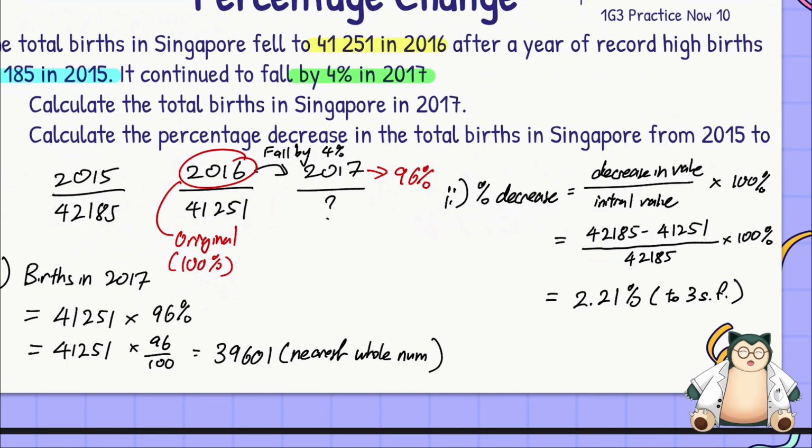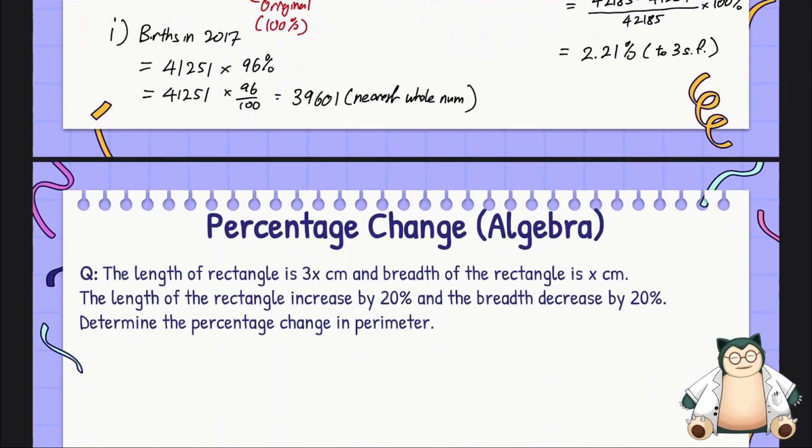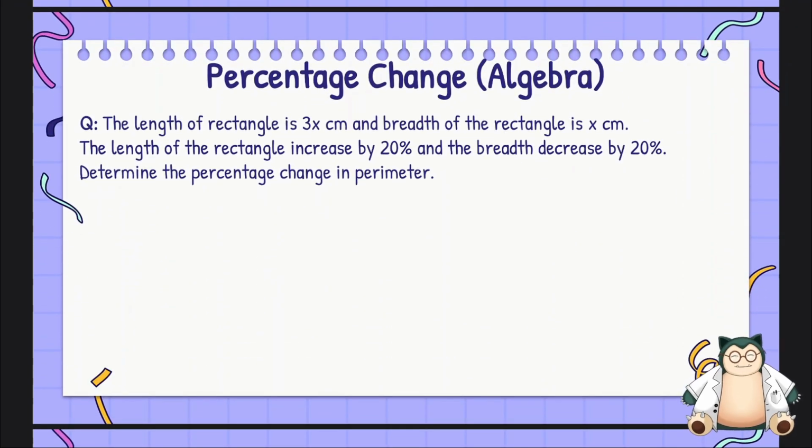Is that okay, everyone? I repeat again, we simply use this formula: decrease in value over the initial value, which is the 2015 one, and then multiply by 100%. Good. Now let's look at a question involving algebra, which is a bit more challenging.